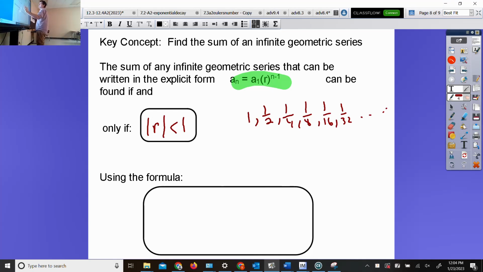What happens is the series converges. It converges on 0. All that means is it gets really close to 0.